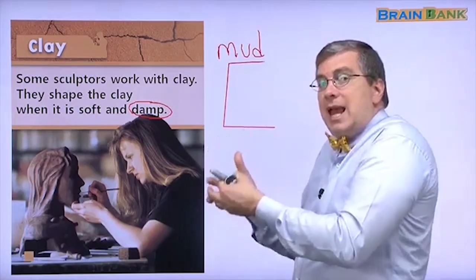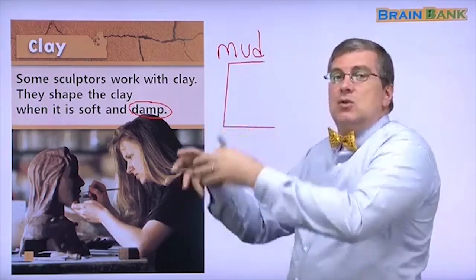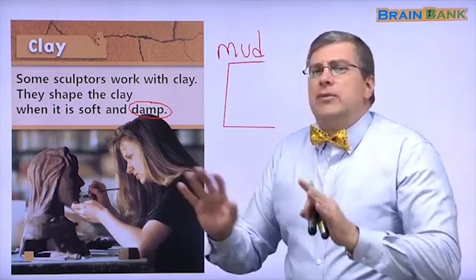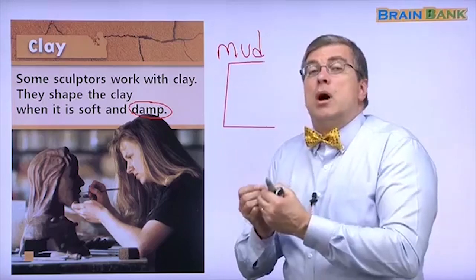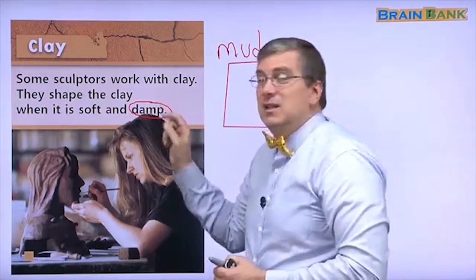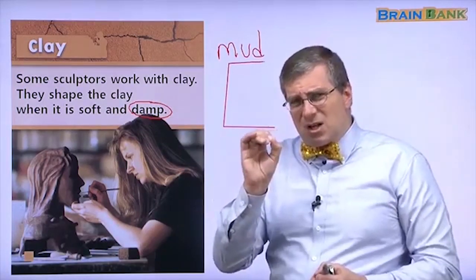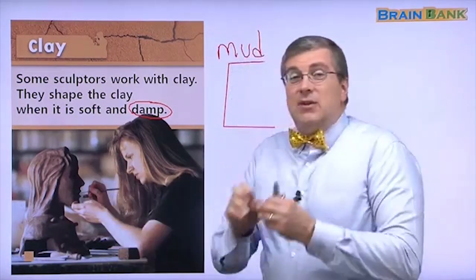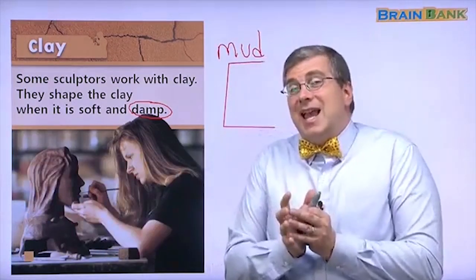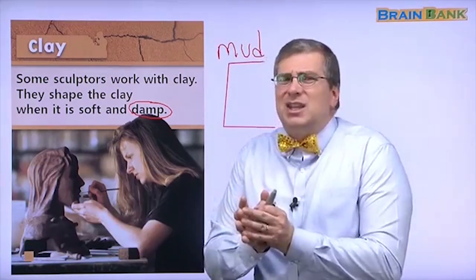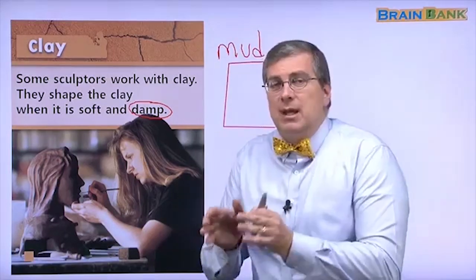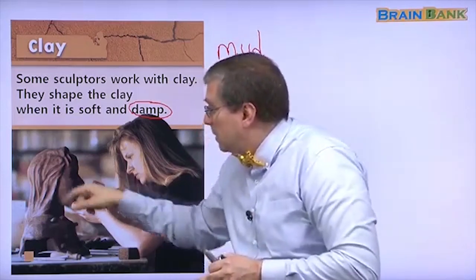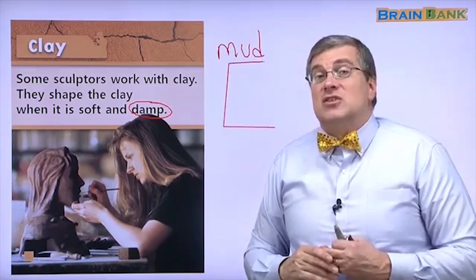If you take the clay and you push it and you mold it, you get some of the water out. Not all of the water. You keep some water in. It's still damp. Some water, 조금 물 있어요, right? A little water is in the clay. If all the water is gone, the clay becomes hard and you can't shape it. But when it's damp, some water, you can push it and you can shape it into a sculpture.